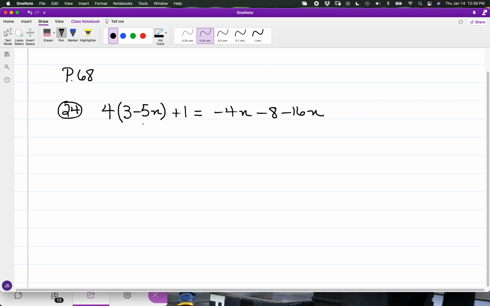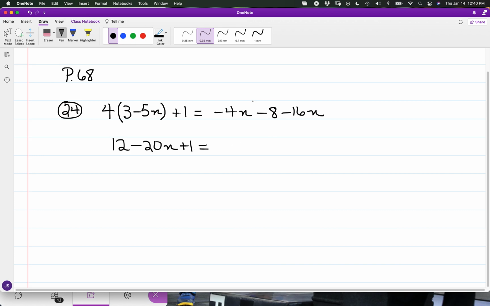So we are working with the variable n. For the first expression, we have 4 times the quantity of 3 minus 5n, so I can remove the parentheses upon distributing 4 over this difference. 4 times 3 is 12, and 4 times negative 5n is negative 20n. Again, we have plus 1, and we have is equal to.